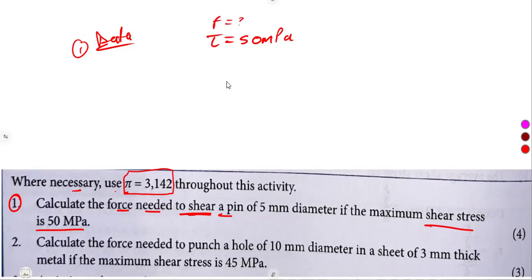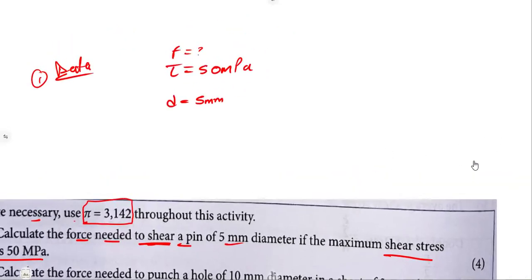In this case, we do not know the force, but we have the 5 millimeter diameter of the pin, from which we can obtain the area. Like I said, guys, your formulas are in your hands. You can work whichever way you understand. Remember the shear stress is force over area.